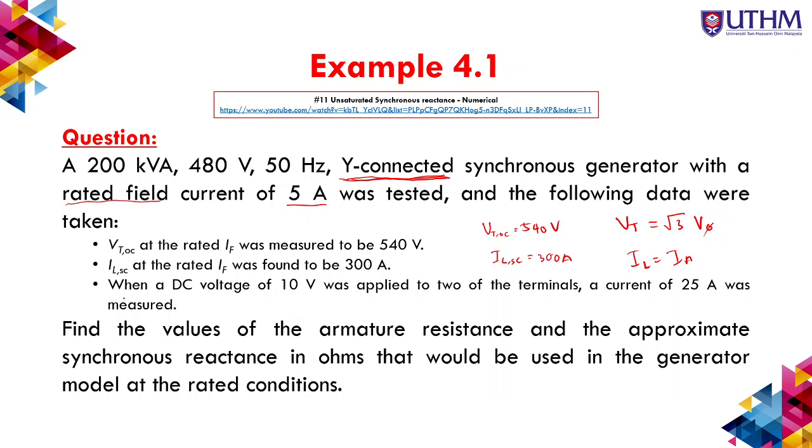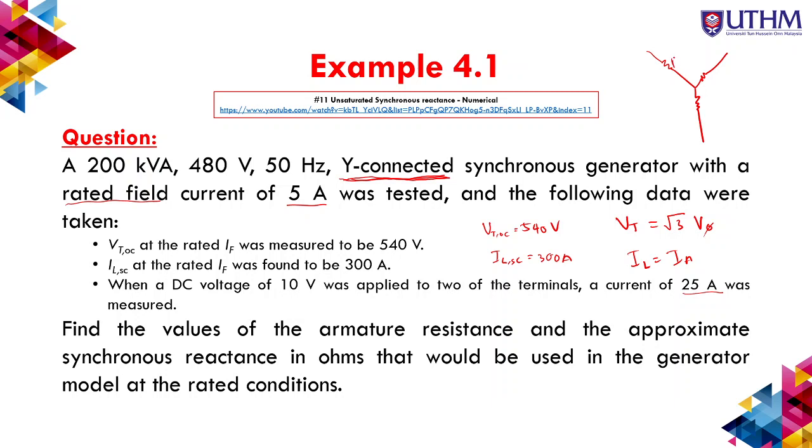Okay, and then they said when a DC voltage 10 volt was supplied to the two terminals, a current 25 ampere was measured. Since this is Y connected, we need to draw first. 1, 2, 3.